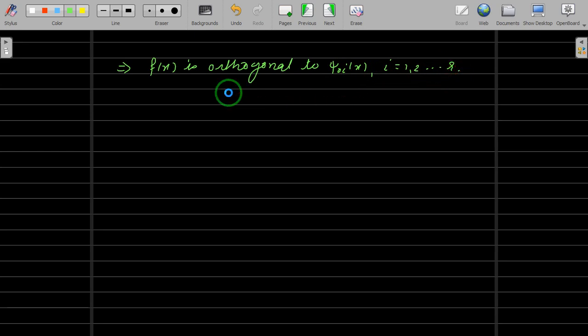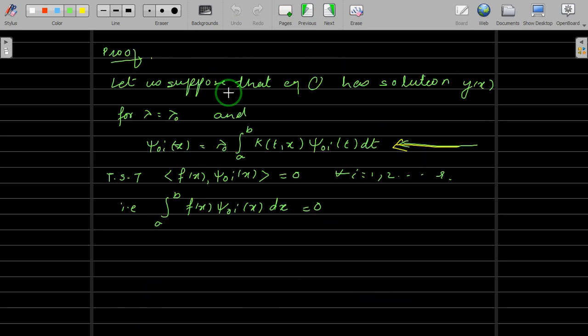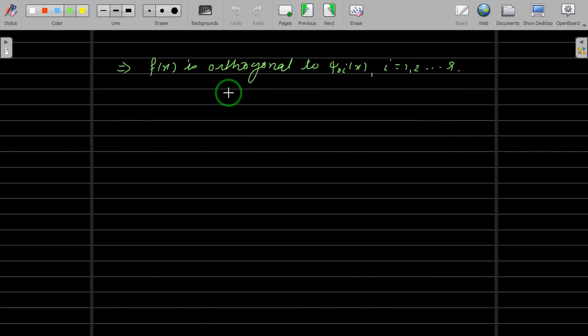This is one way, in the sense, in the if and only if statement, this is the one part. Another part, we assume that this f(x) is orthogonal to these r eigenfunctions and show that equation 1 has a solution for lambda equals lambda 0. It is just a simple implication.